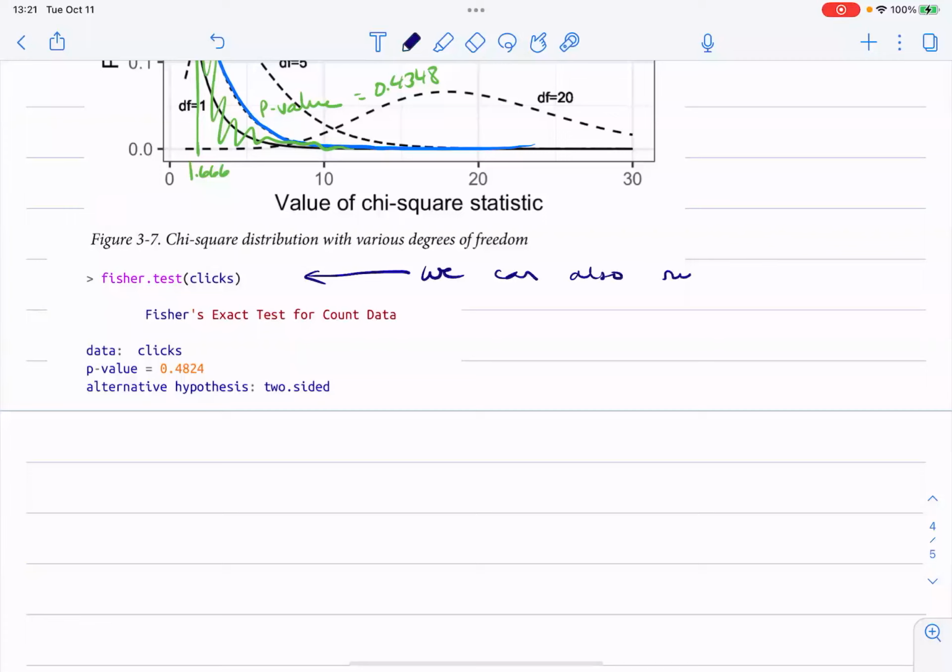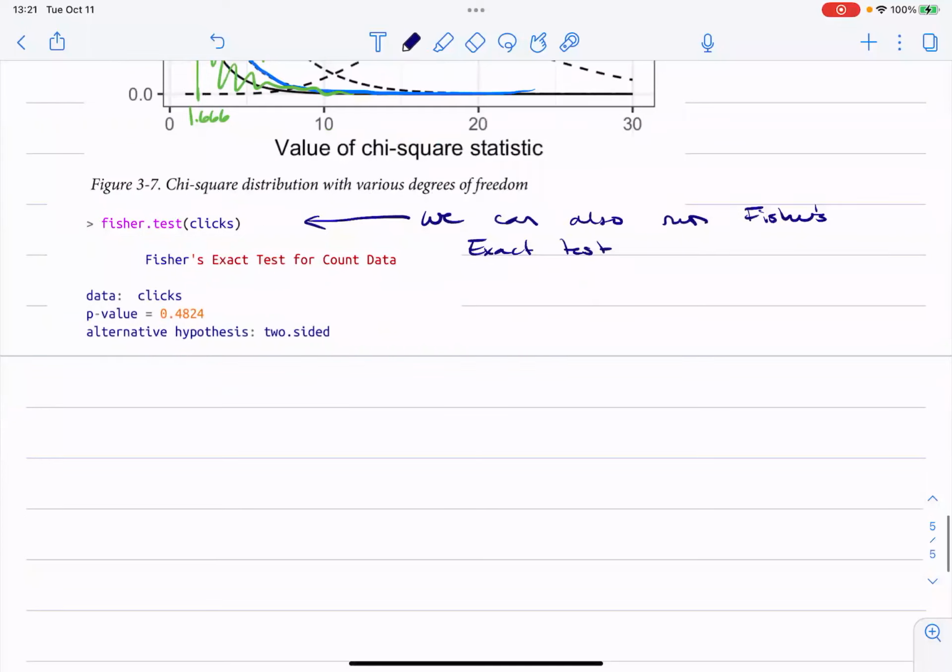We can also run Fisher's exact test, which considers, just as a reminder, all possible permutations.